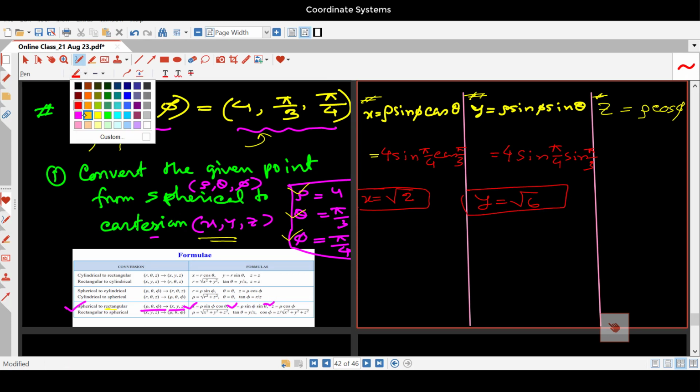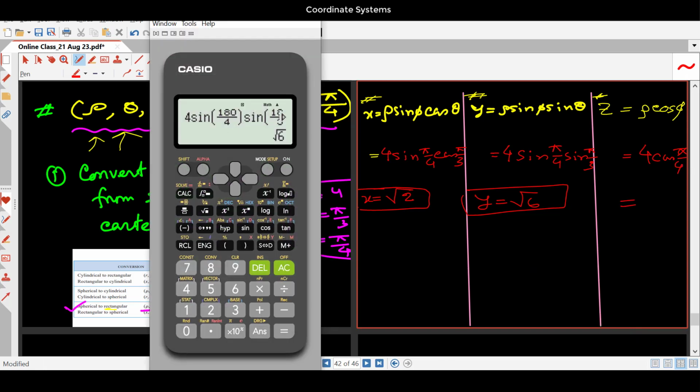Now let's find z similarly. z equals rho cosine phi. So what is phi? Phi equals pi over 4. So we can easily find it using our calculator, 4 cosine pi over 4, which means 180 divided by 4.